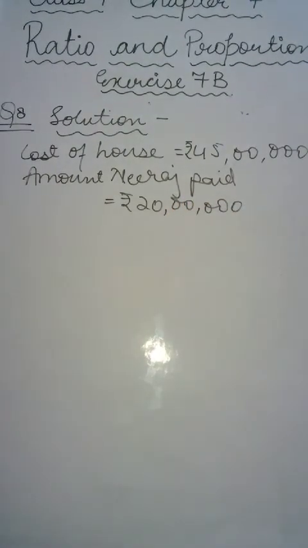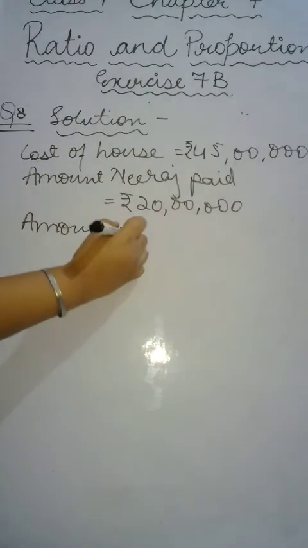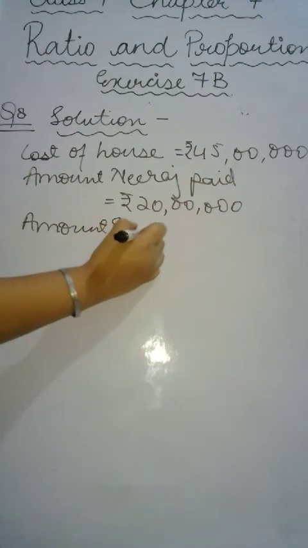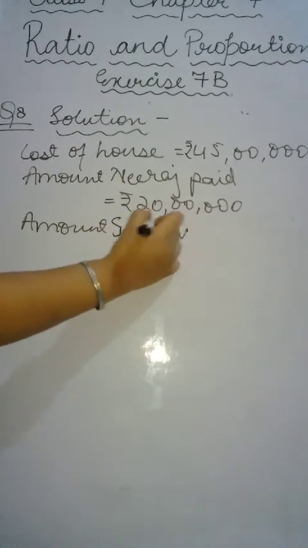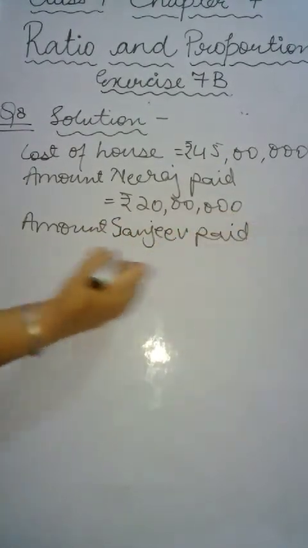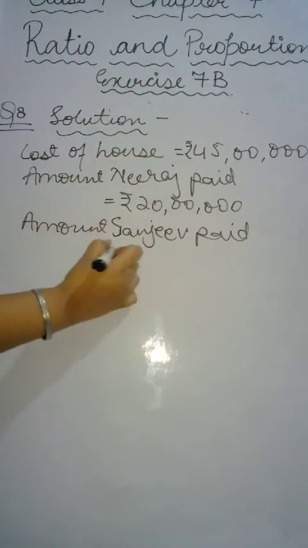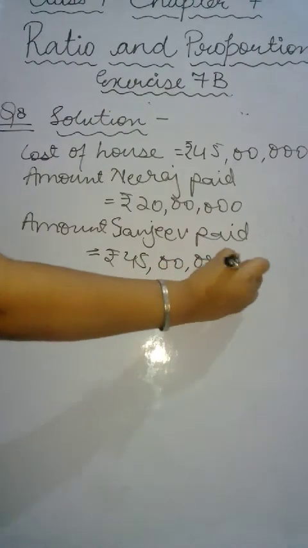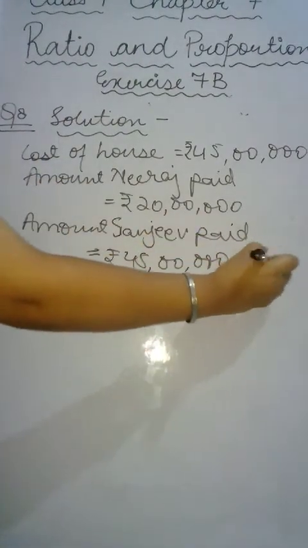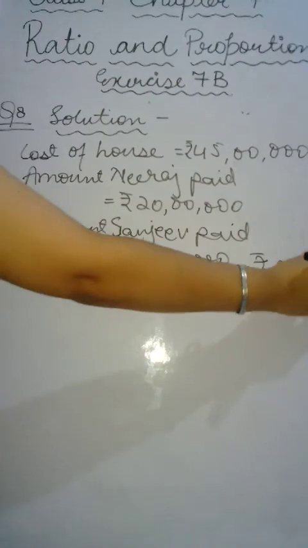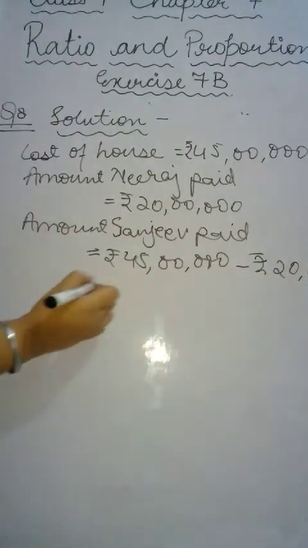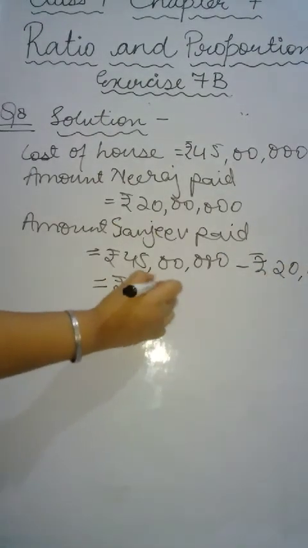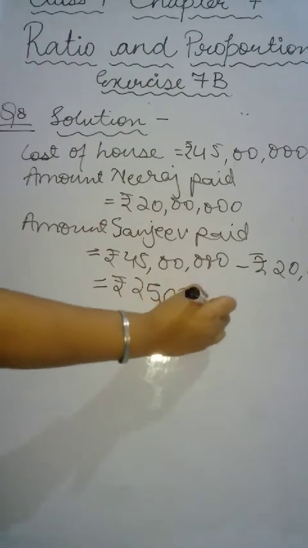And the rest of the amount is paid by Sanjeev. So how to find out the amount paid by Sanjeev? Total rupees 45 lakh minus the amount paid by Neeraj, 20 lakhs. It will give you rupees 25 lakhs.